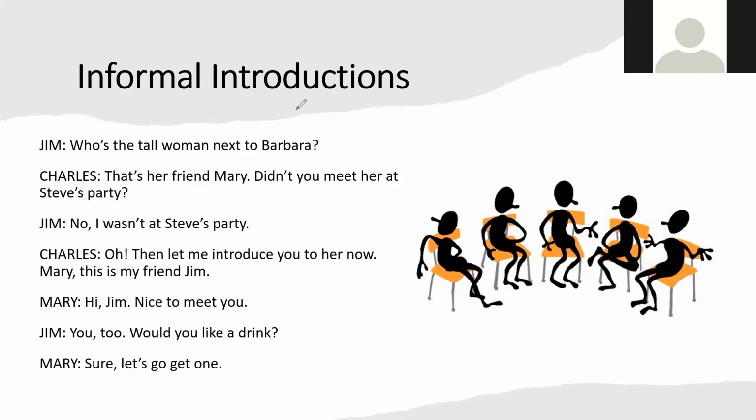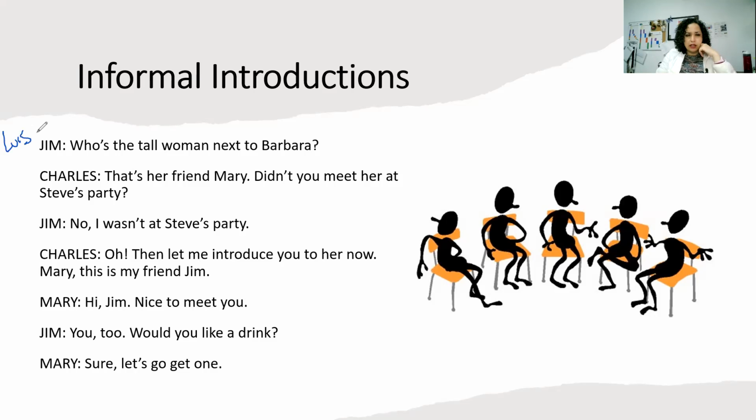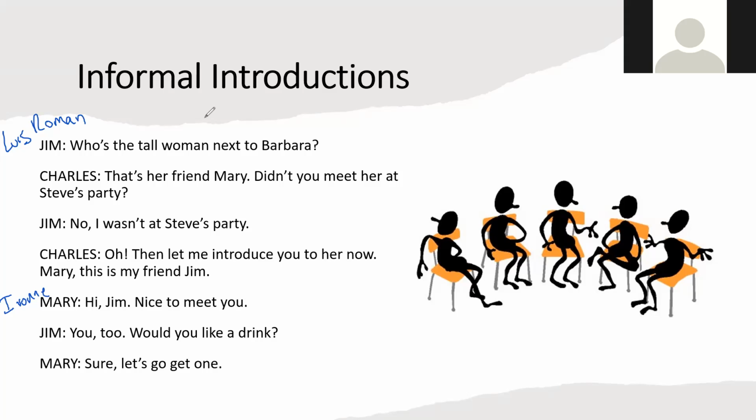Me. Me. Okay, so I heard Luis Roman will be Jim. Mary will be Yvonne because I heard Yvonne's voice, and there was another voice. Can you tell me again, please? José Eduardo. Oh, Jose Eduardo was, okay, that will be Charles. J-E. Because it has to be a little short. Okay, so I had Luis Roman.